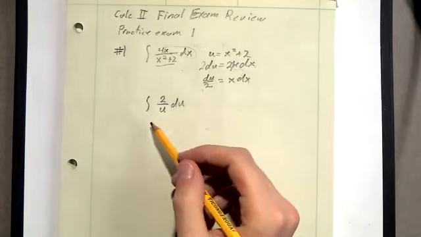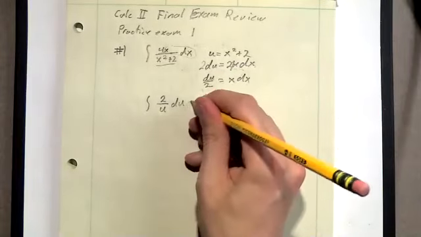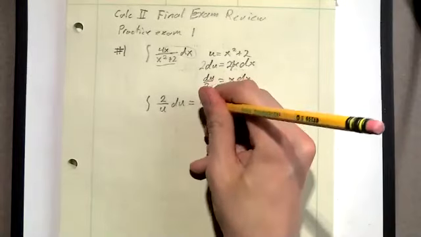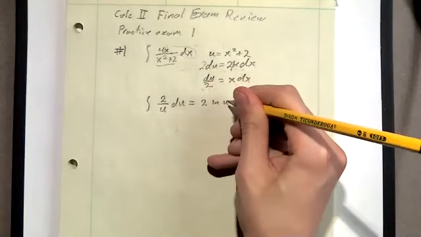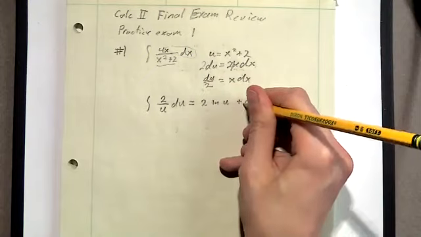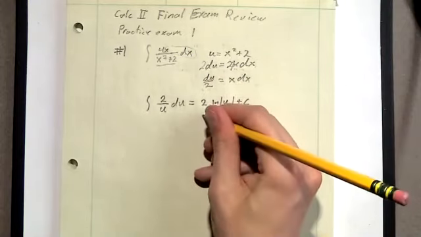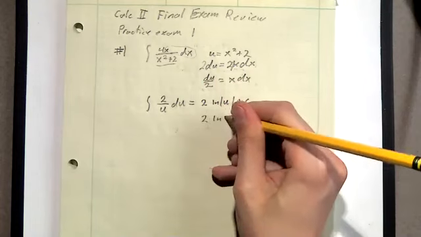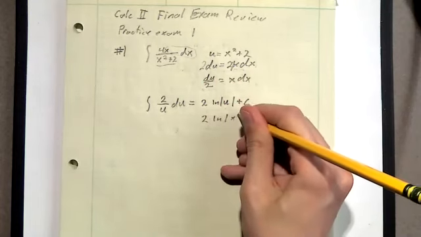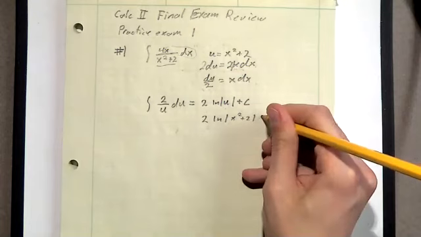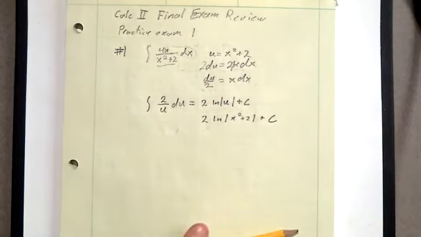And that becomes a very straightforward rule where we get 2 natural log of u plus c. Then we just substitute our u in and we get 2 natural log of x squared plus 2 plus c. And that's our final answer.